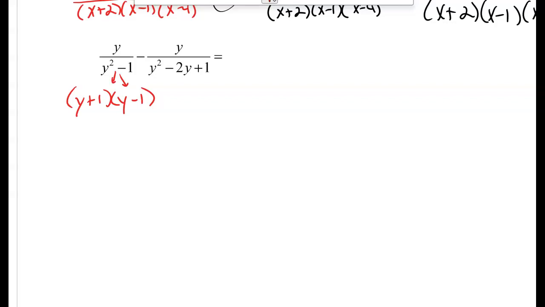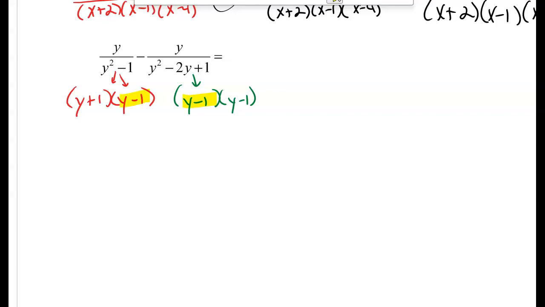Minus 1. Excellent. Okay, looking at our other one. Is there a GCF? No. Okay. What do we get? And y minus what? 1. Okay. So when we look at this, we have a common one, which is what?